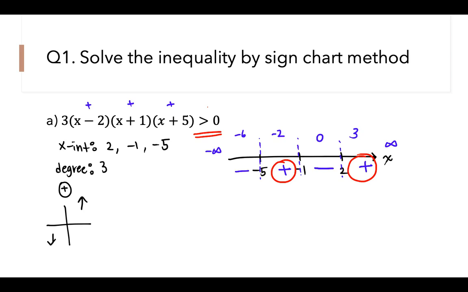As you can see, the solution for this inequality is that x is in between, so it's greater than -5 and less than -1, or we could say x is greater than 2.